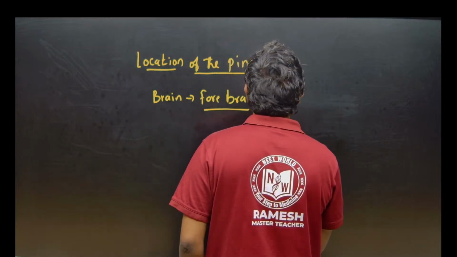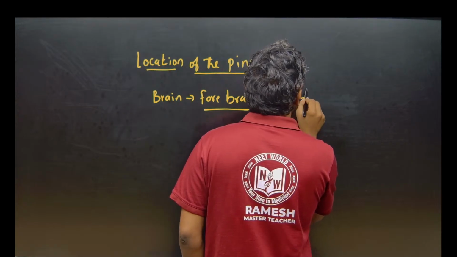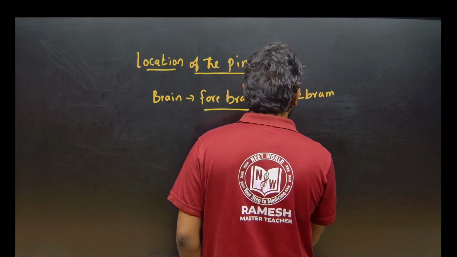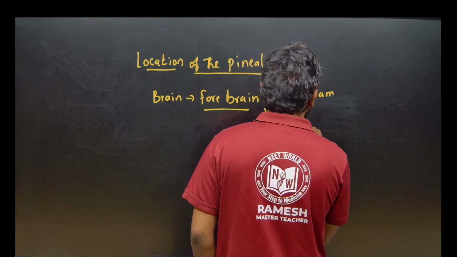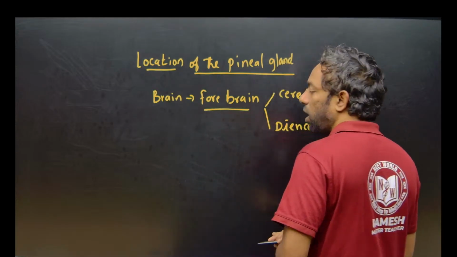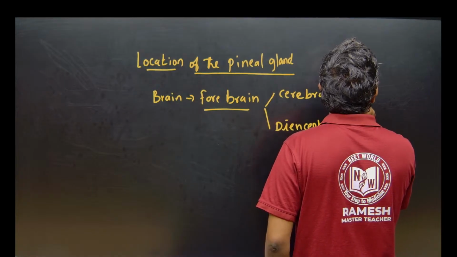The forebrain contains 2 parts, the cerebrum and the diencephalon. The cerebrum has 2 cerebral hemispheres.